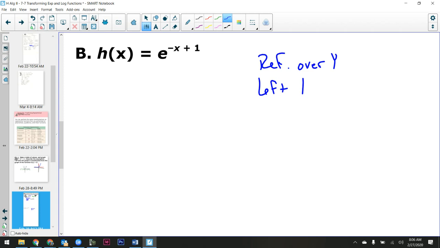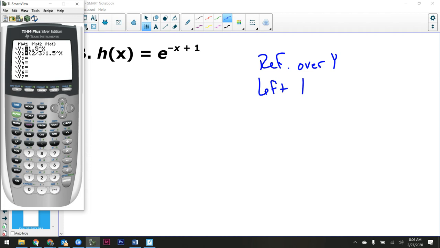Let's see what's going on. Now, what's my parent? e to the x. Okay, so now this is e to the negative x plus 1. So there's my original. There it is.